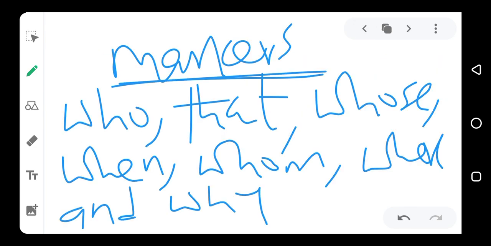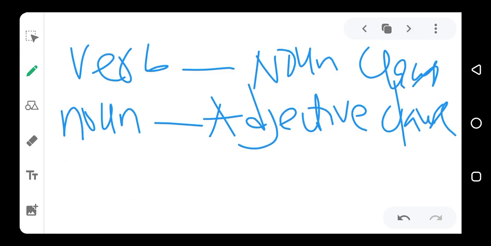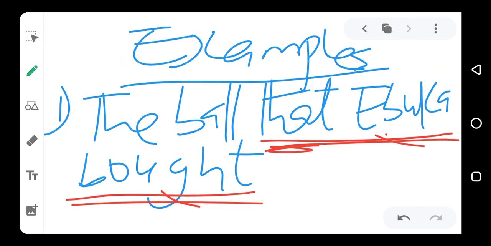All these markers identified here are for both adjectival clause and noun clause. Their position in the sentence tells us whether they are functioning as a noun clause or an adjectival clause.